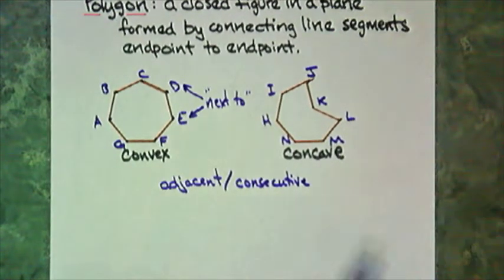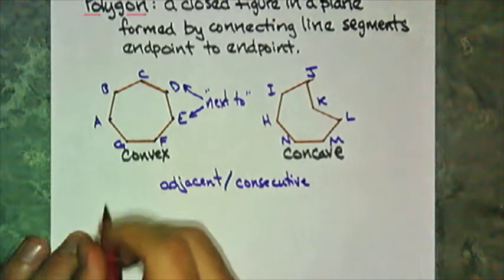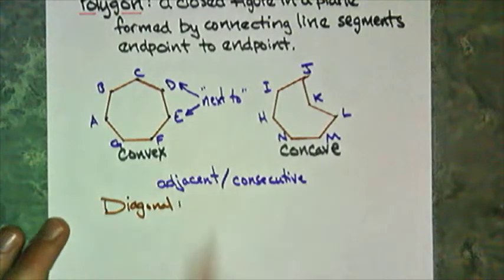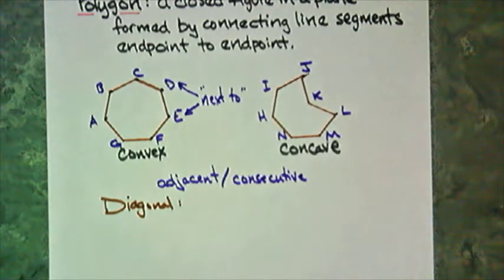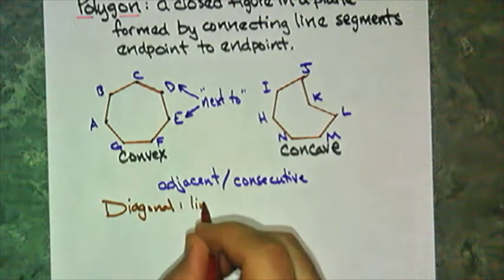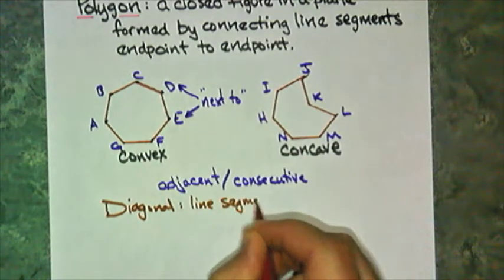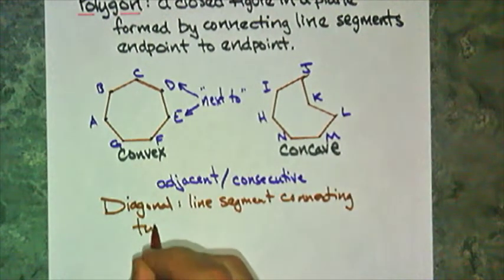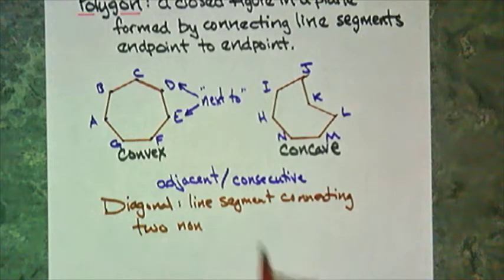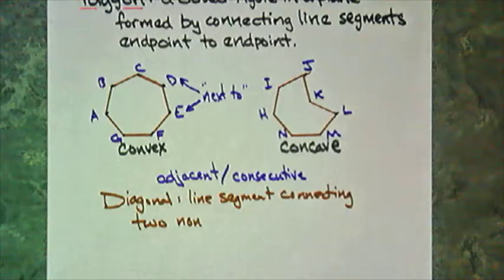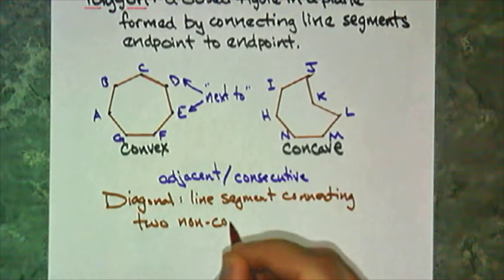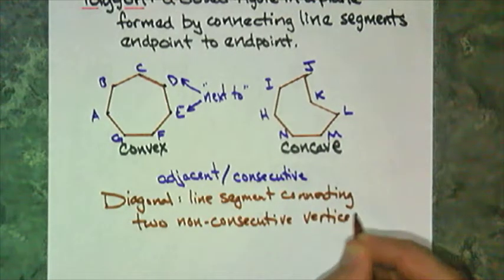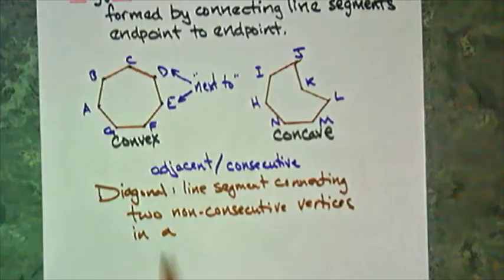And the word I need to help us with is diagonal. And a diagonal is a line segment connecting two non-consecutive, or non-adjacent, either one, vertices in a polygon.